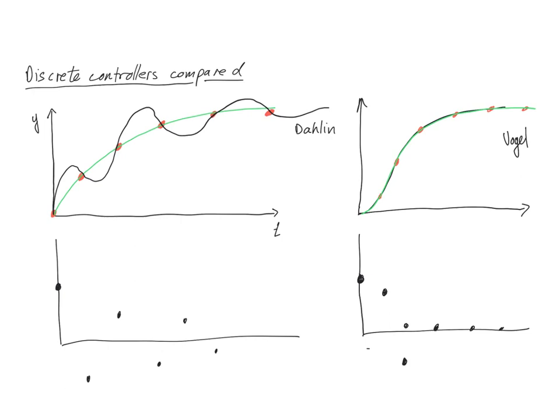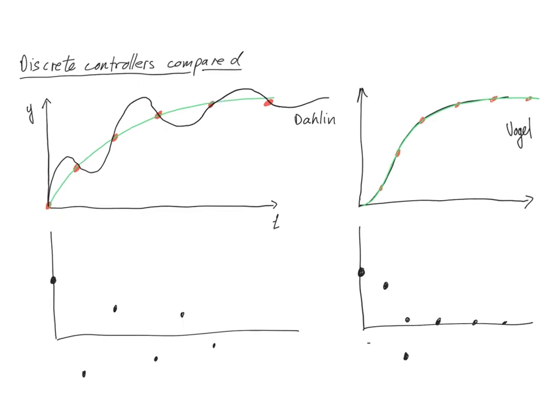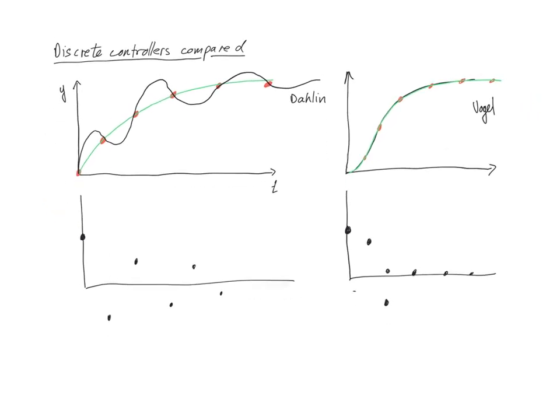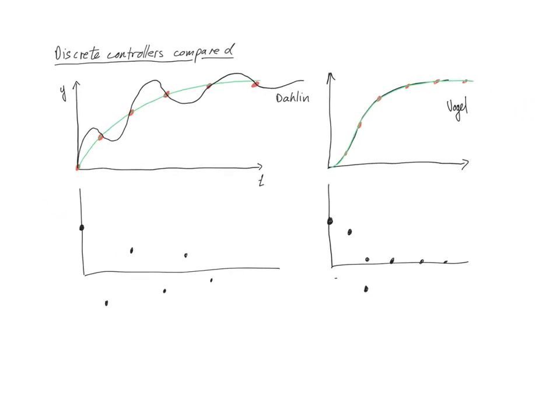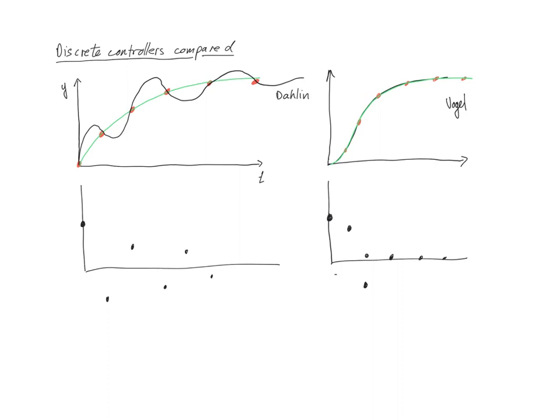In all of these cases, we sometimes have to do some iterative design in order to find a controller that actually works well. It is also possible to use discrete controllers, or to use a discrete version of the IMC controller. And you'll recall that the IMC controller structure is different from these controller structures.